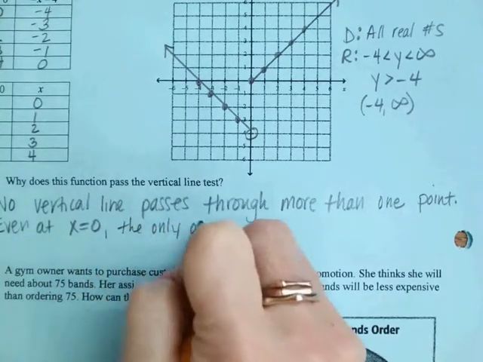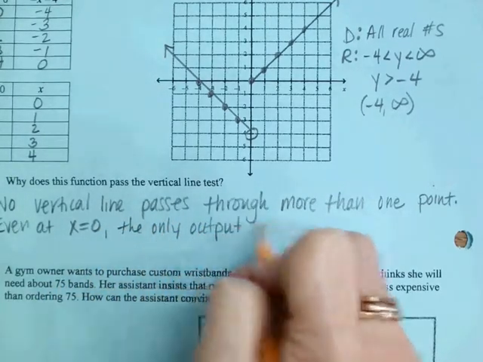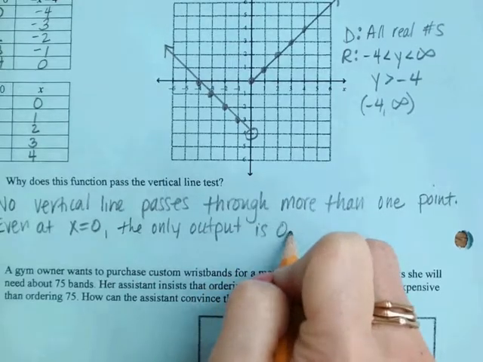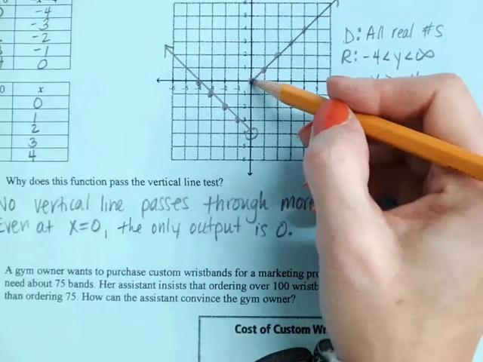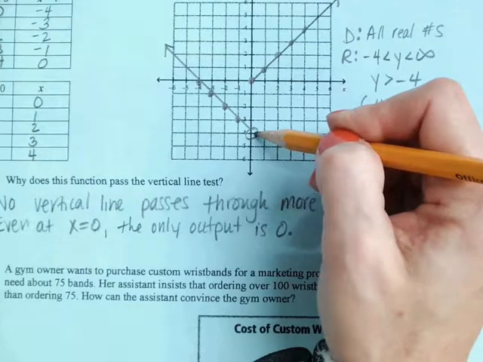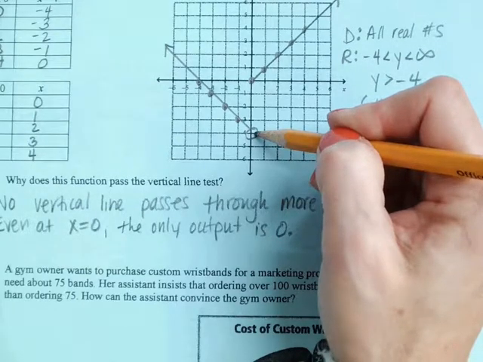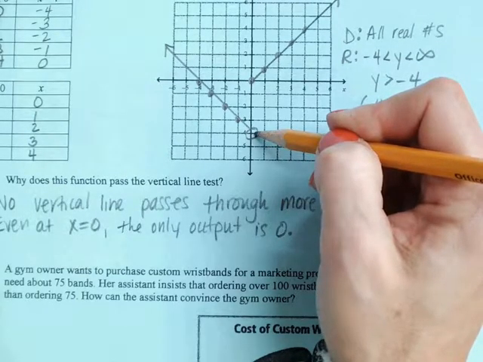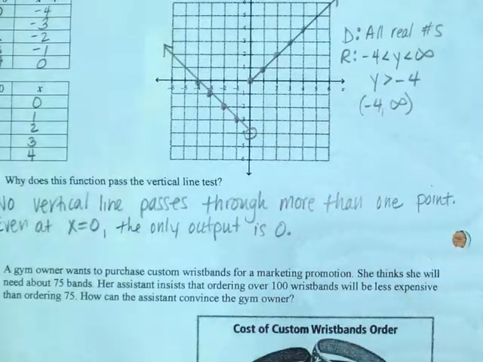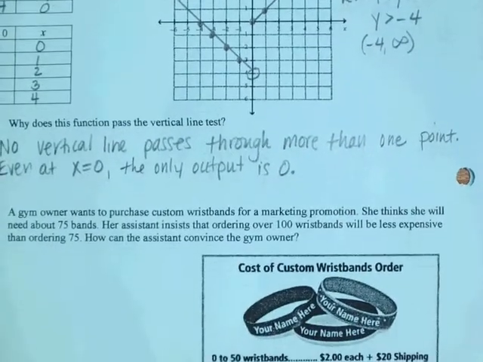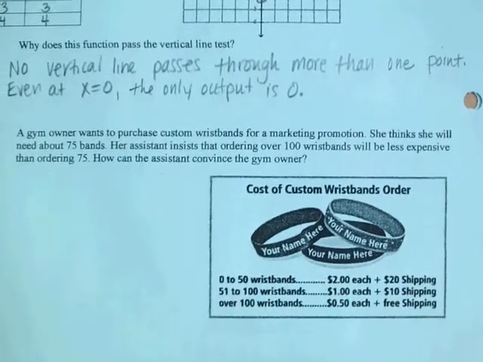The only output is 0. Okay, so we're talking about at 0, 0. We have -4, but again, it does not equal, so it is not going to be an equaling output.